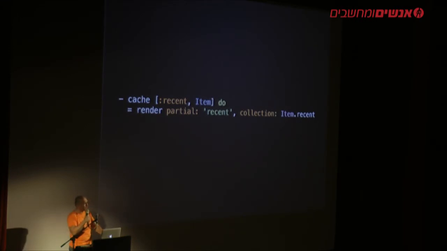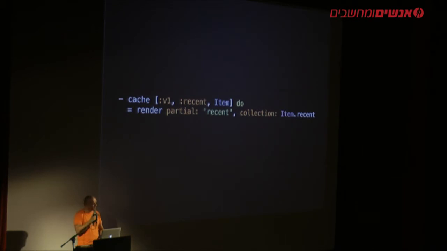We have another problem here though. What happens if I change my partial? Because changing the partial will not change the key here, or so it seems. In older versions of Rails, you had to add versioning to your caching keys, and so every time you changed a partial, you had to increment or change the version of the key.